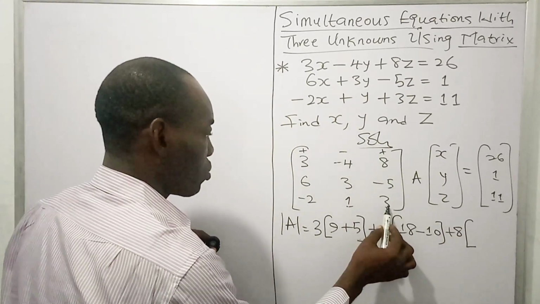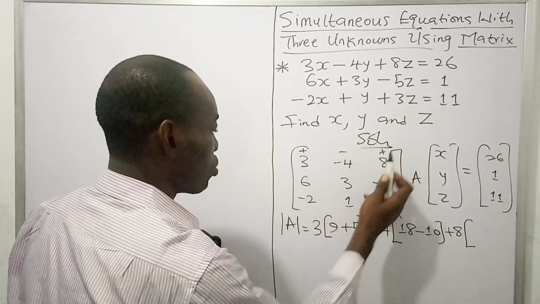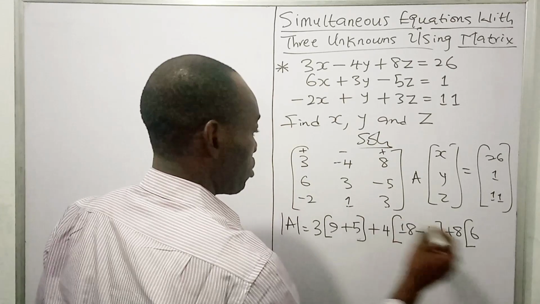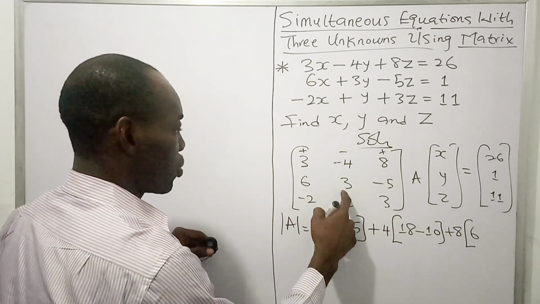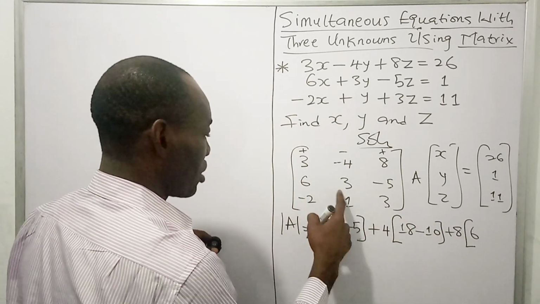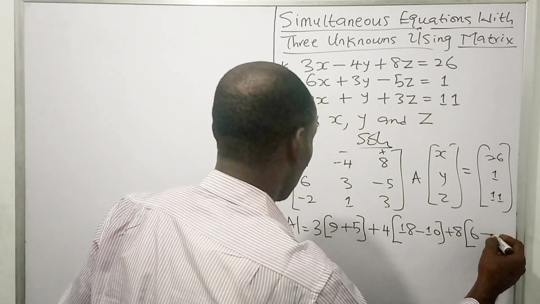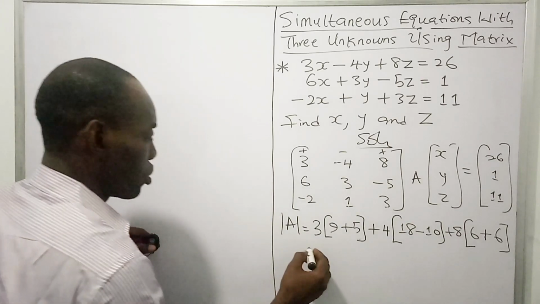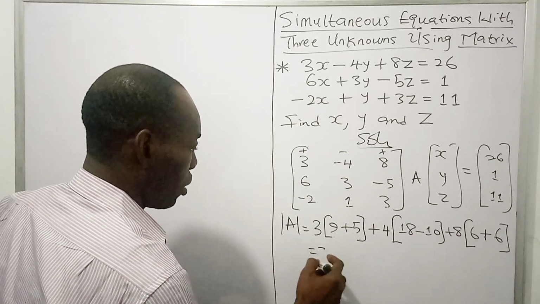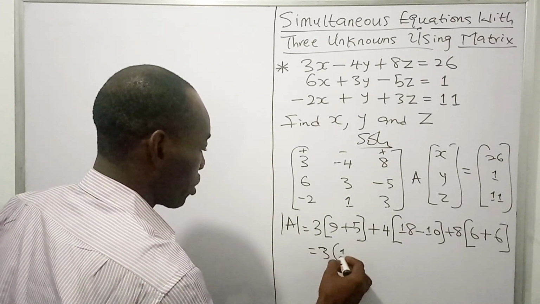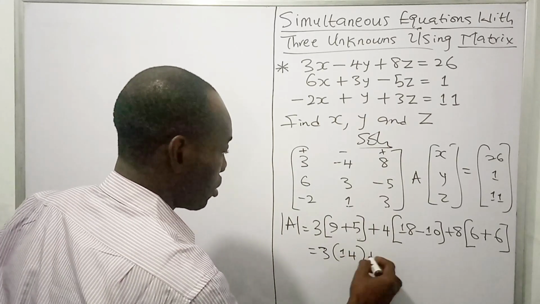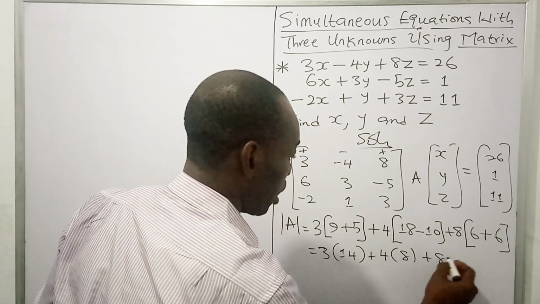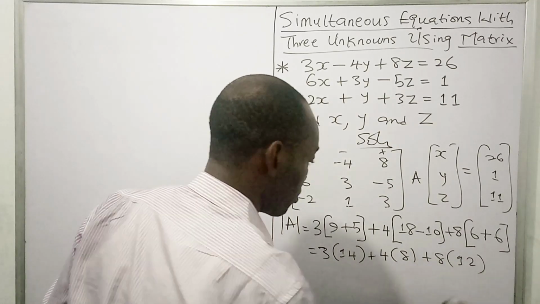If we close the column and row of the 8, we work with these 4 entries. 6 times 1 is 6. There, we have minus 2 times 3, that's minus 6. But the minus sign will cancel out the difference, so here becomes positive 6. Okay, so this gives us 3 times 14, 4 times 8, and 8 times 12.